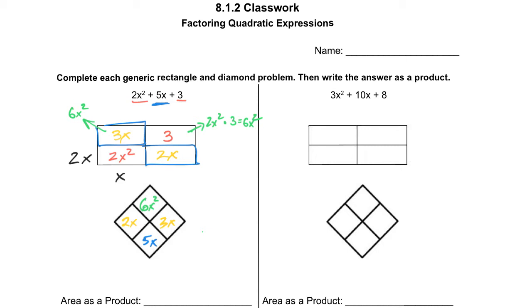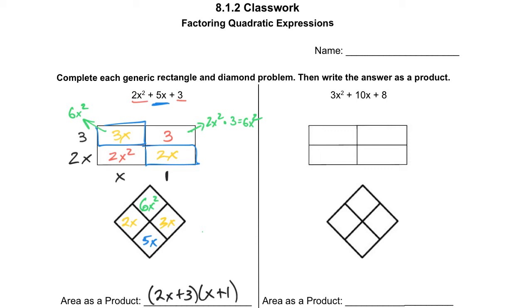On the bottom right, this has to be a 1 because 2x times 1 is 2x. And then this has to be a 3 in the top left because x times 3 is 3x. And now we have created a systematic way to come up with the area as a product, which would be 2x plus 3 multiplied by x plus 1.